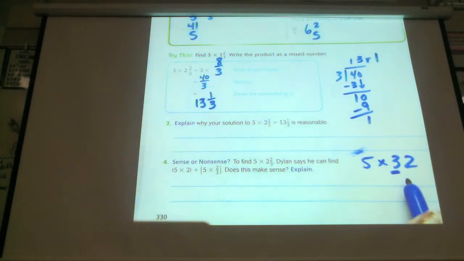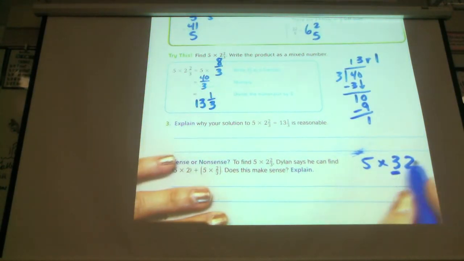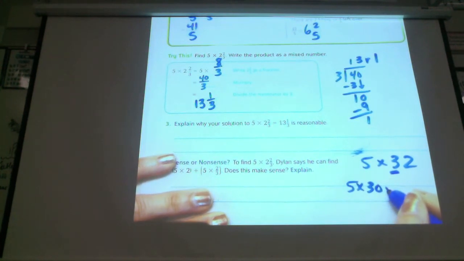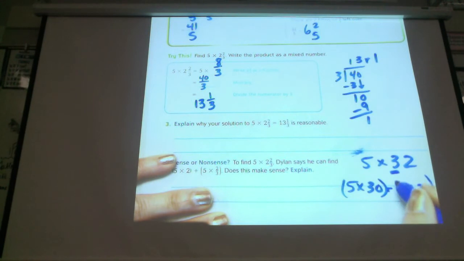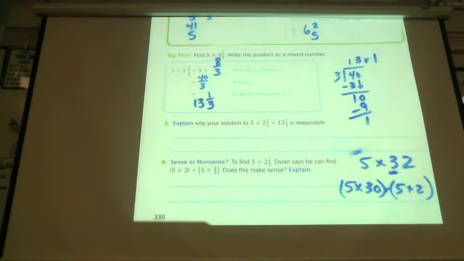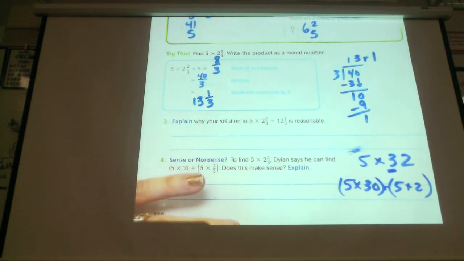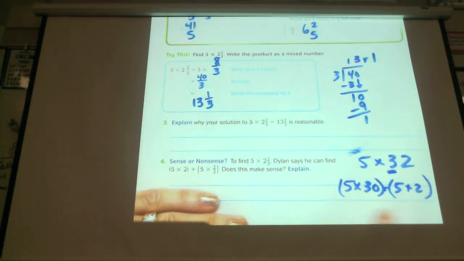So this represents 3 tens, and this represents 2 ones, and I can do 5 times 30 plus 5 times 2. Remember when we did multiplication earlier in the year? We could do this. Do you guys remember doing it that way?